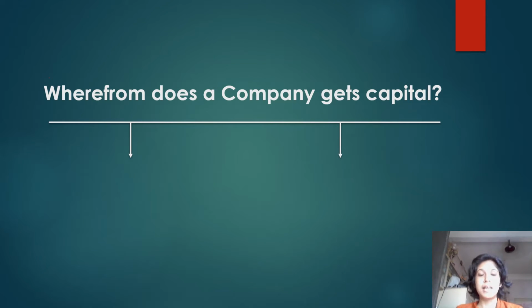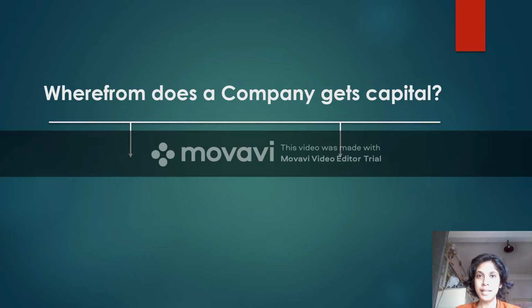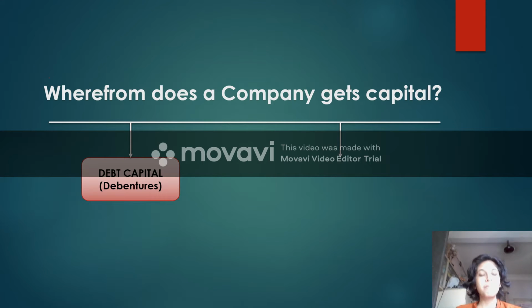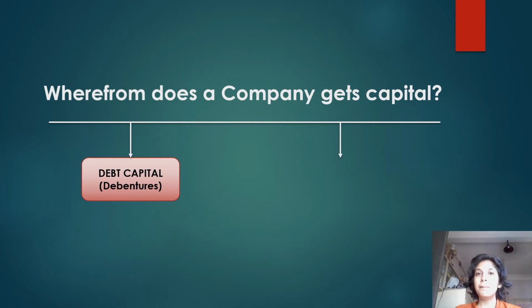Now we have to understand where a company gets its capital from. Without capital, no business can run, as you all know, right? So there are two sources from where it can get its funds. Number one is debt capital. It is also known as debentures. That means the company issues debentures. It is a document which is issued to the debenture holders to take loans from them.